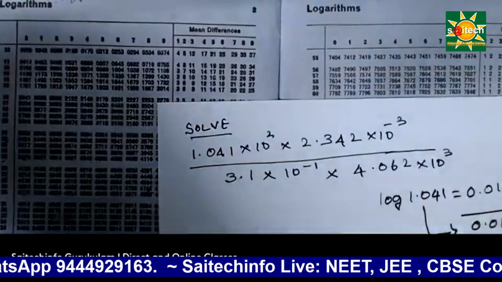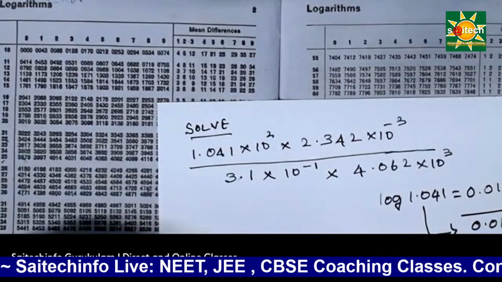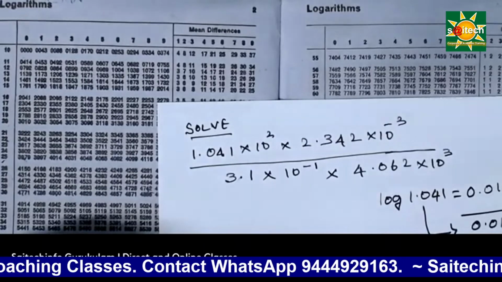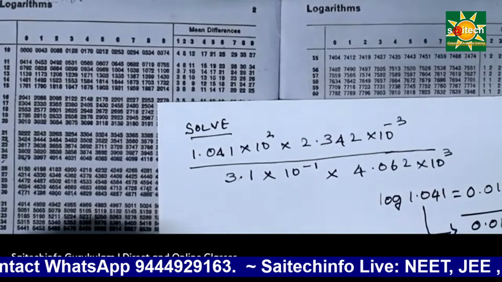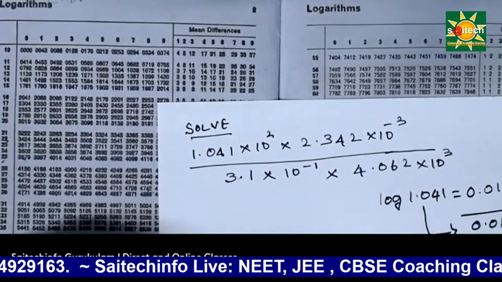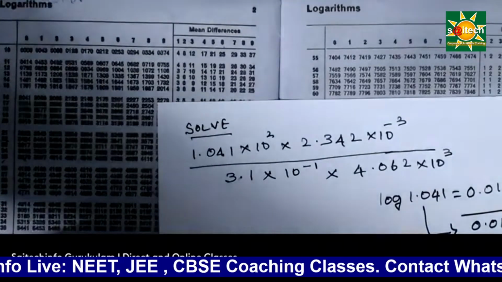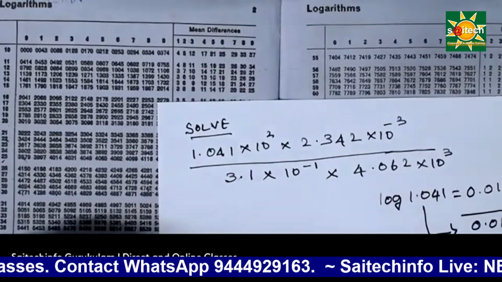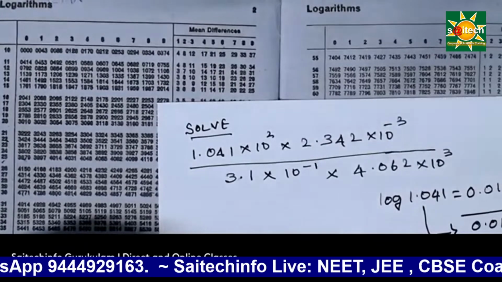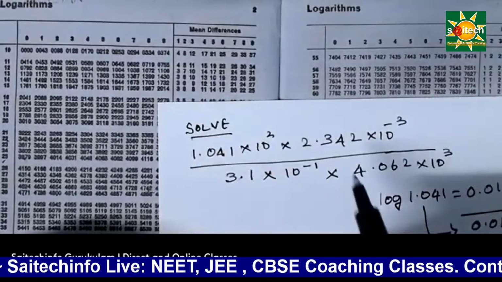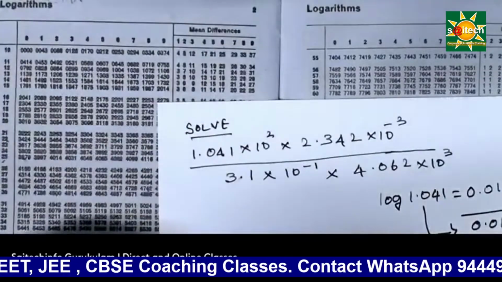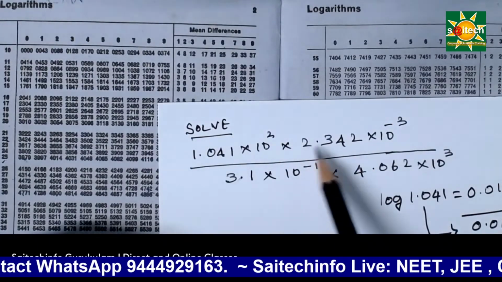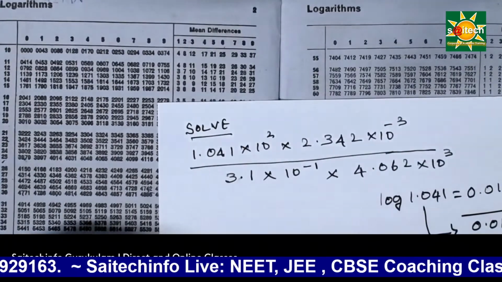Similarly, you have 2.342. For 2.342, you have to consider 0 point because it is a single digit.